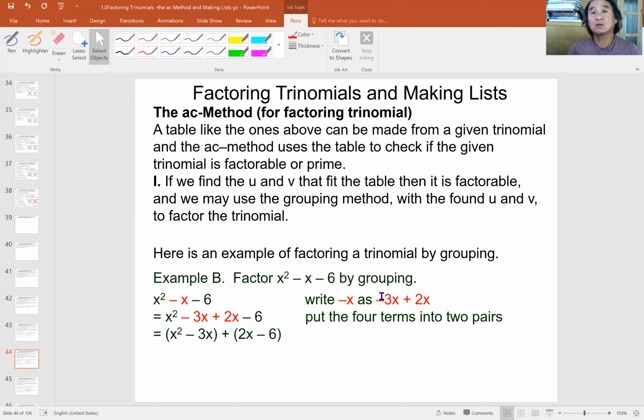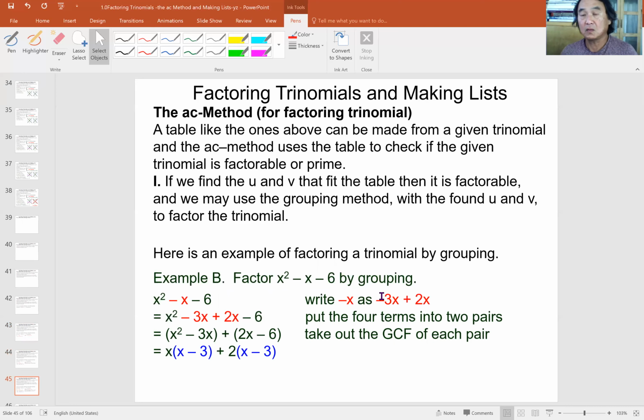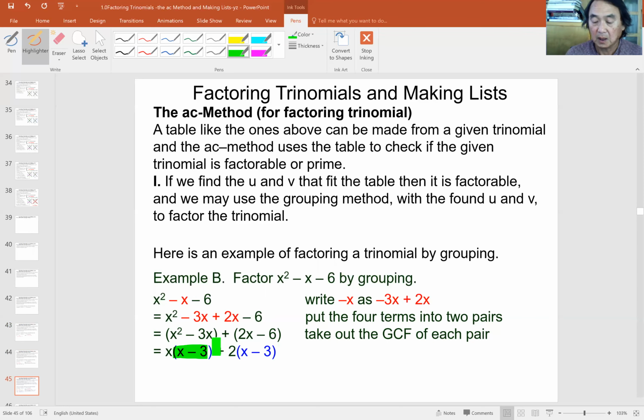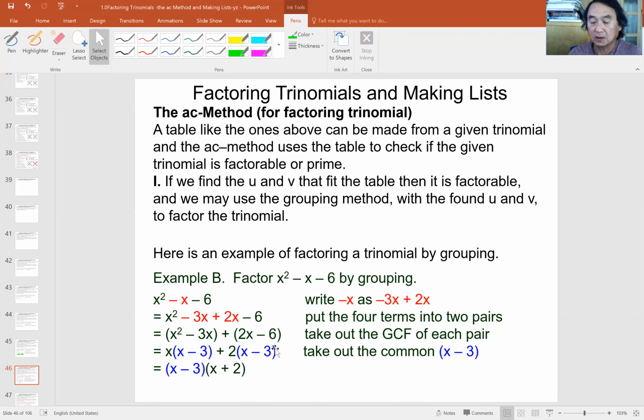Then I'm going to pull common factors out of each set's parentheses. And because the way we broke up minus x was just right, I would be guaranteed that the parentheses left over is common, which means I can factor it out one more time. So we do that. And so that's how we factor the trinomial.